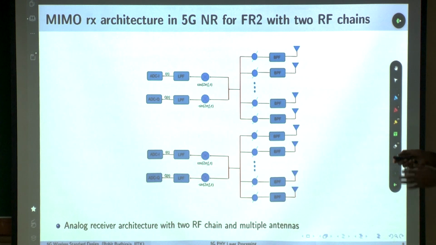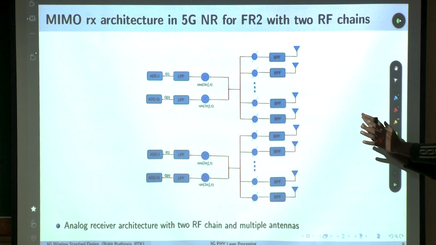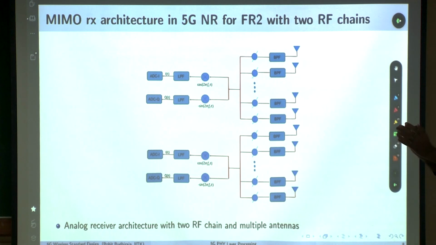So don't get carried away by the fact that there is only this architecture for FR2 systems in the literature. There is also one connecting the RF chain to all the antennas, which gives you better performance than this, because again you are complicating it. So the precoder design will be slightly different.